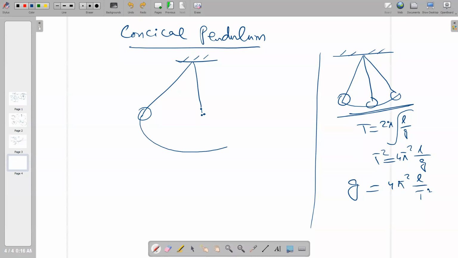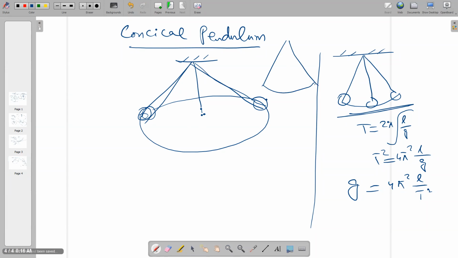So you can see that its motion is like this one. One position is here, the other position is here, suppose. So it is like a cone. Cone is like this one. And this pendulum is like this one. This is the central line. That's why it is called conical pendulum.